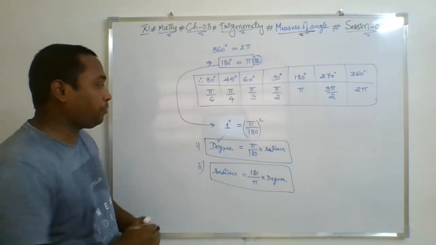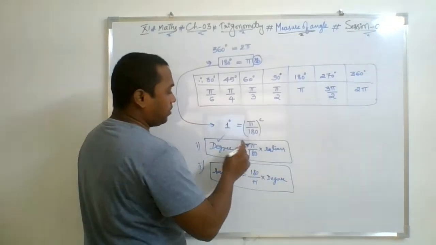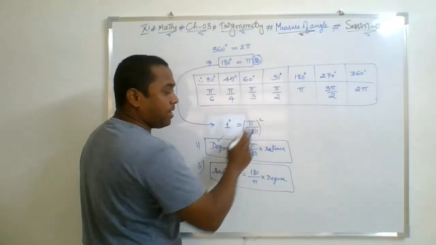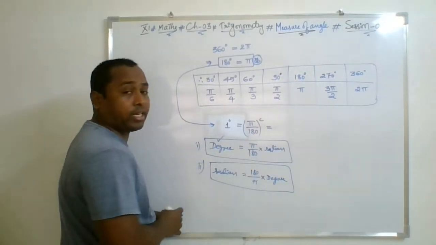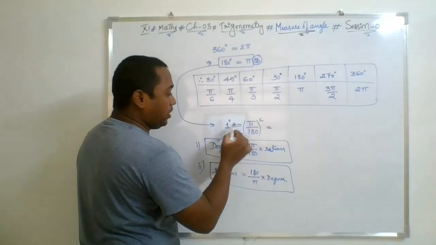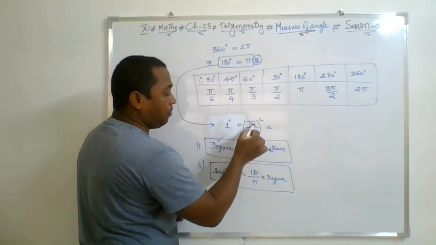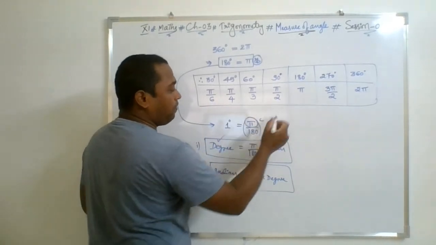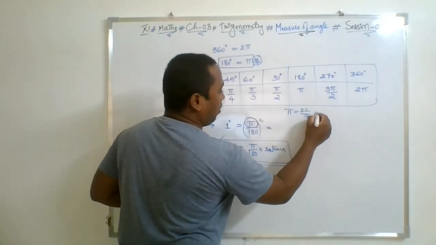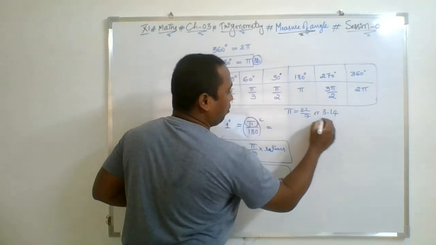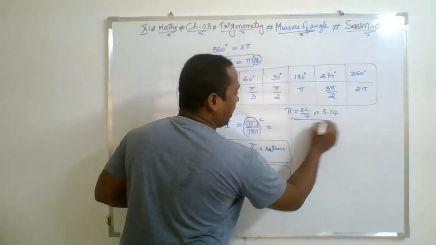Now, the question comes, sir, 1 degree is equal to pi by 180 radian. If I simplify this, how much will it give? To convert into pure degree form, you need to write the value of pi as 22 upon 7 or 3.14, which is the approximate value of pi.